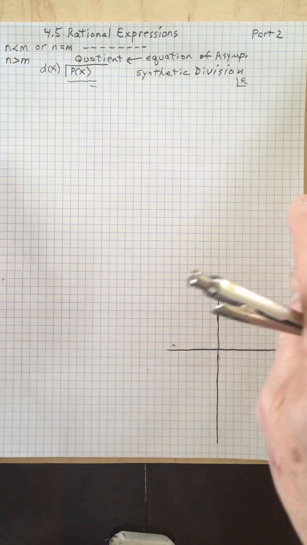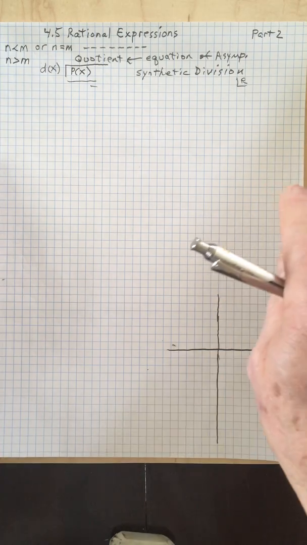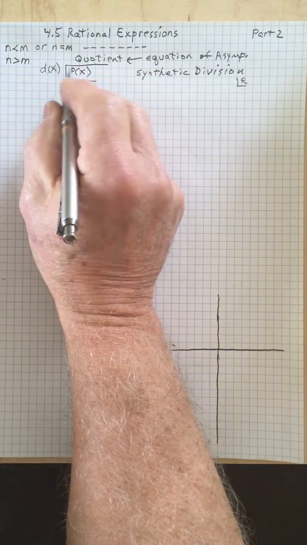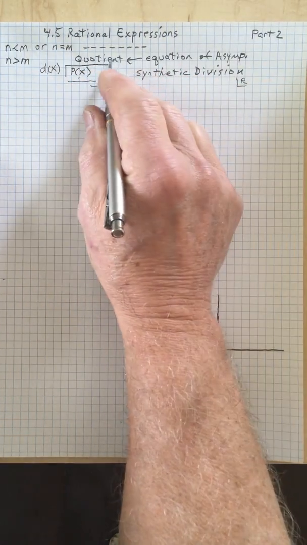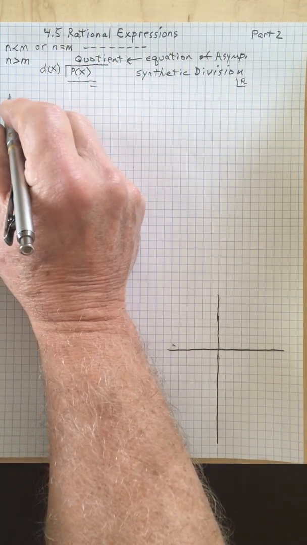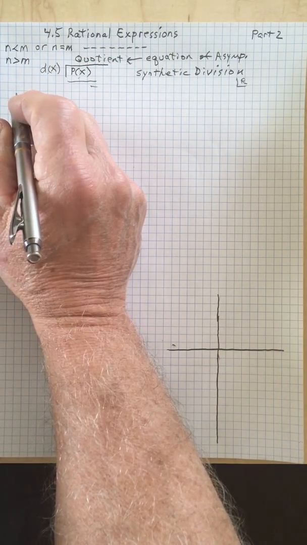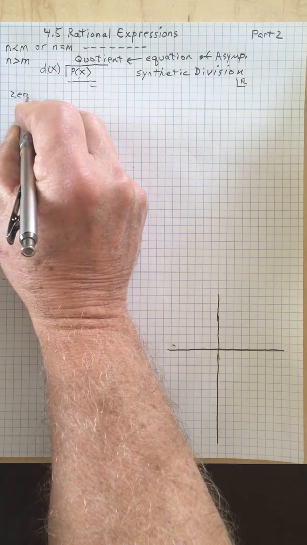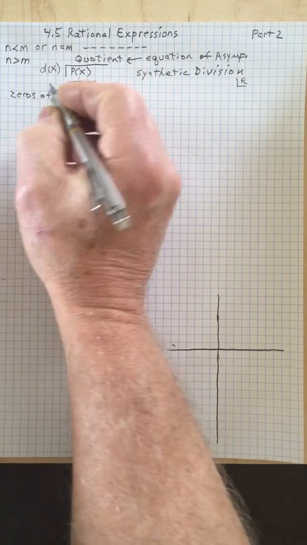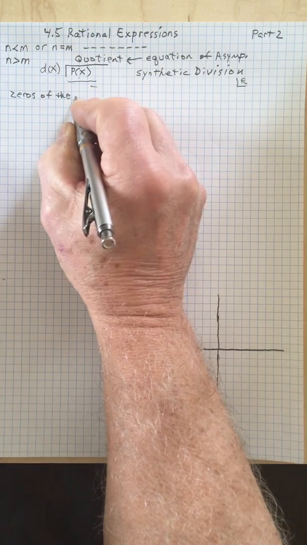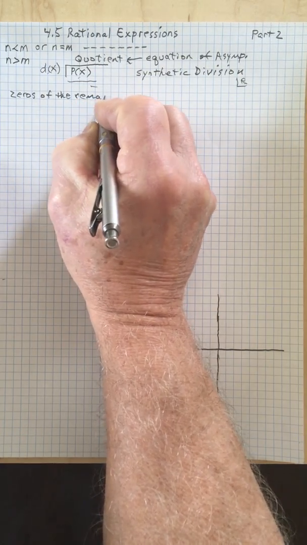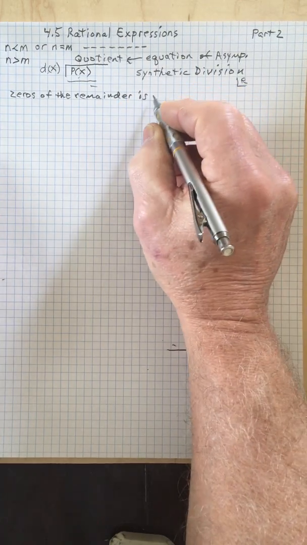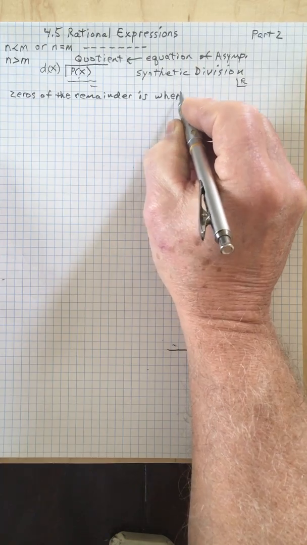If there are roots, that's where the graph will cross this asymptote. So do the division to get the equation of the asymptote, and then to find out if the graph is going to cross that asymptote or not, what you're looking at is the zeros of the remainder. That's where you cross.